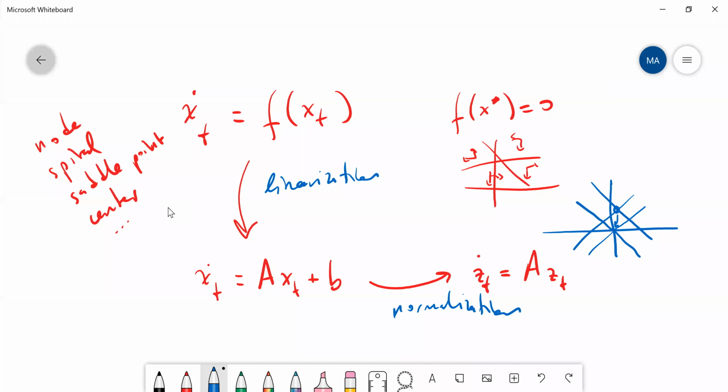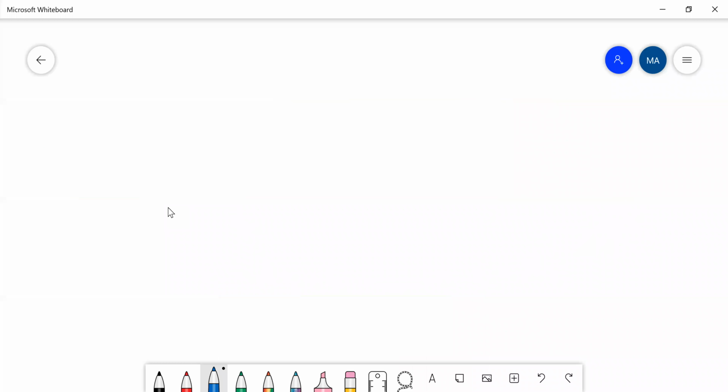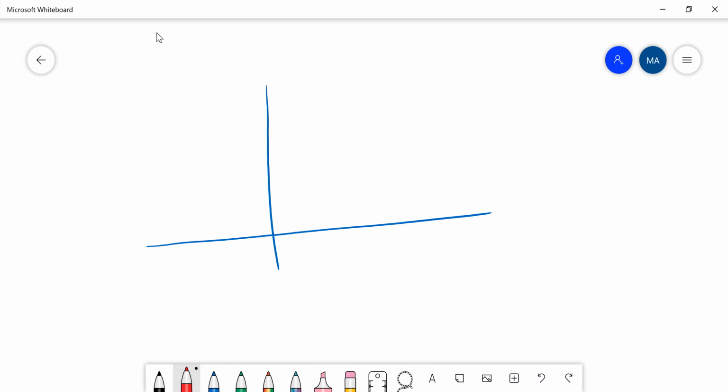Let me clarify one thing. Let me draw a figure. I'm going to try to create 4 steady states.